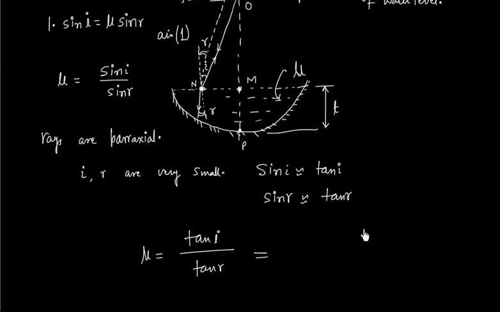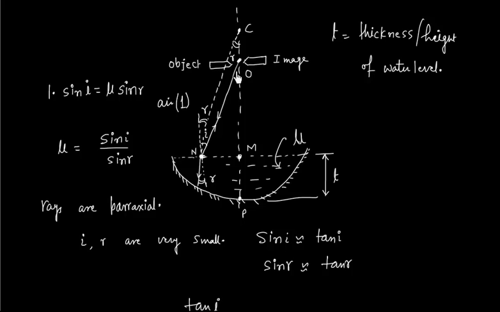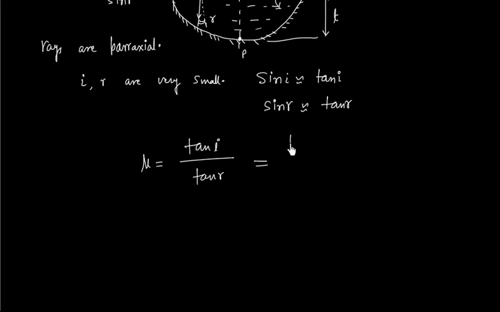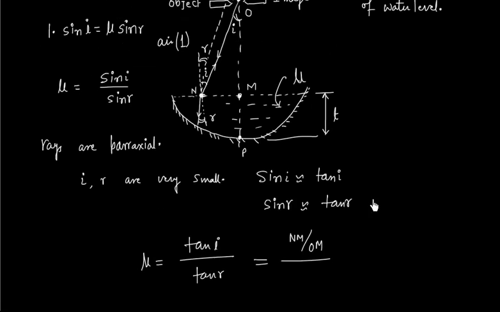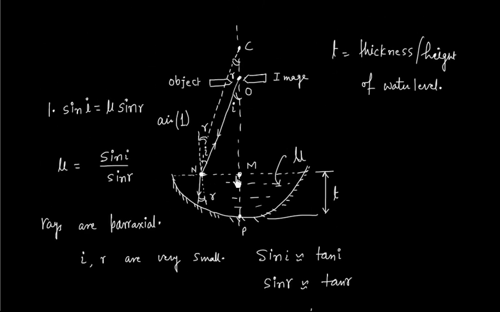Now let us calculate the value of tan I from this triangle. This angle is I, so this angle is also I. So tan I is NM by OM. Tan R is NM divided by CM.